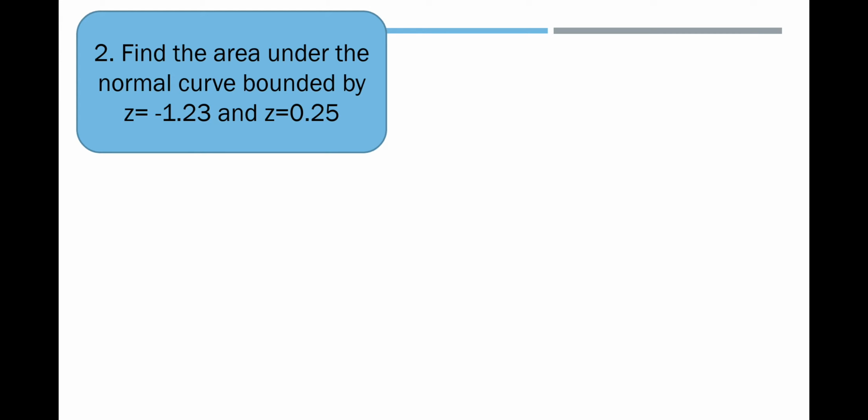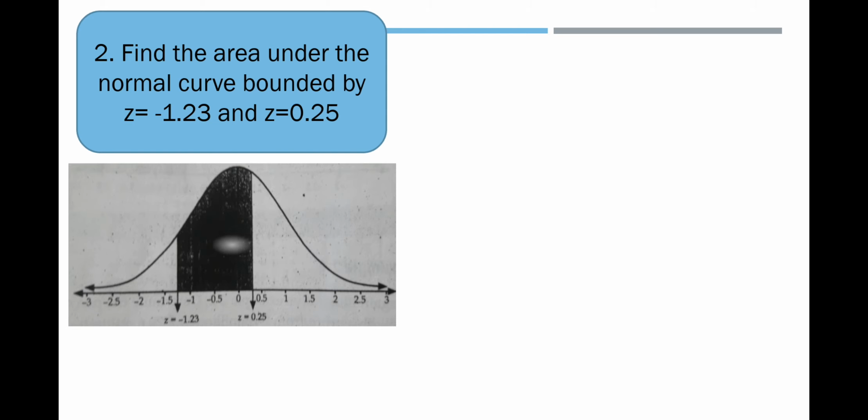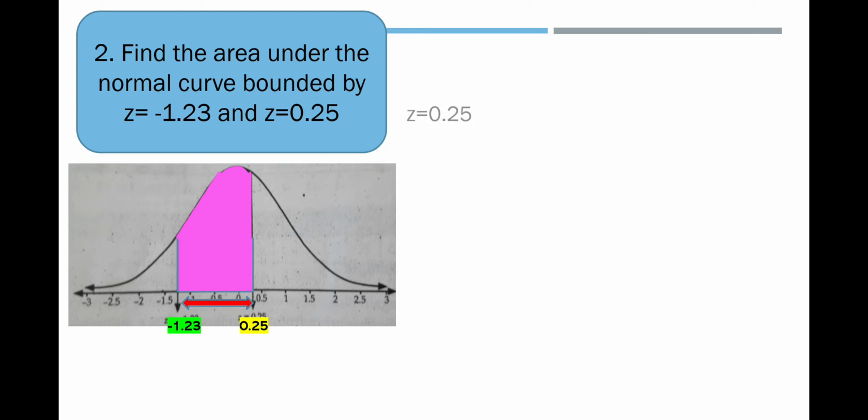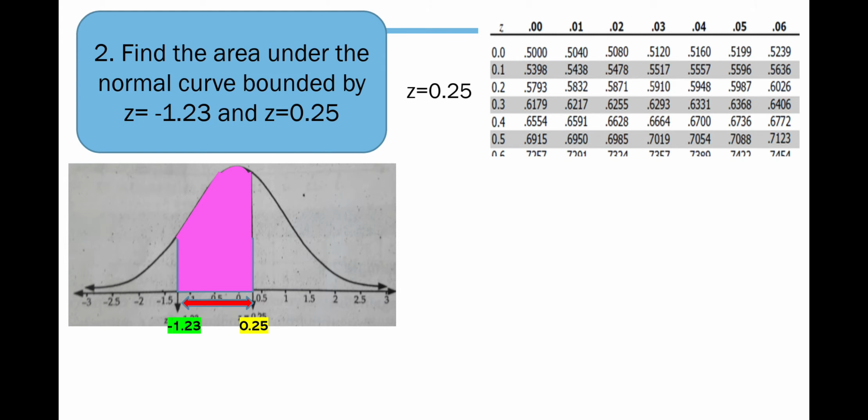Number 2, find the area under the normal curve bounded by z equal to negative 1.23 and z equal to 0.25. So we have here the graph. We're going to find this area between negative 1.23 and 0.25. First, we find the value of z equal to 0.25 using the positive table of z.